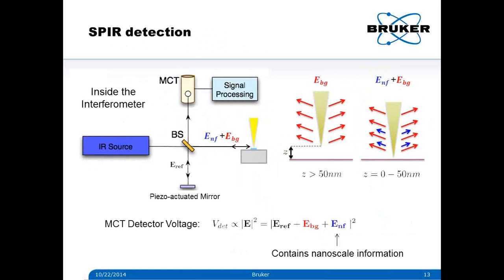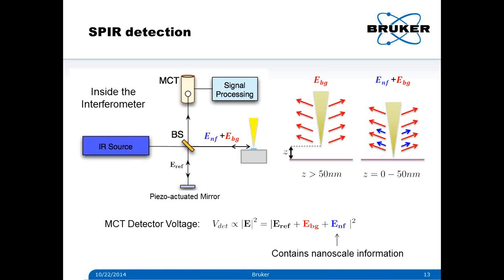Now, let's go into more detail. Actually, what do we detect? How do we get the near-field information out of the backscattering? So on the left side, I've shown you again a schematic of the interferometer. You have your light source, which in this case is a tunable QCL laser, but the customer can choose which wavelength.